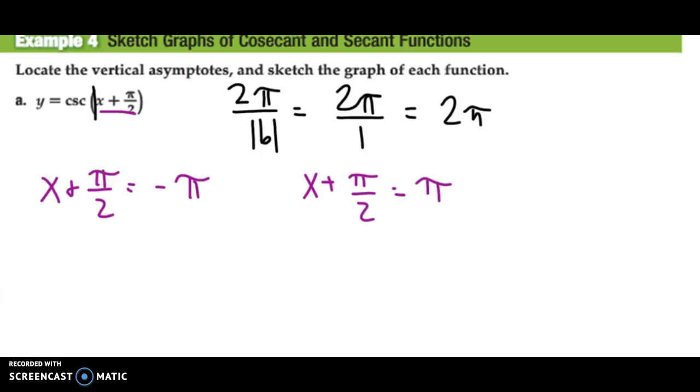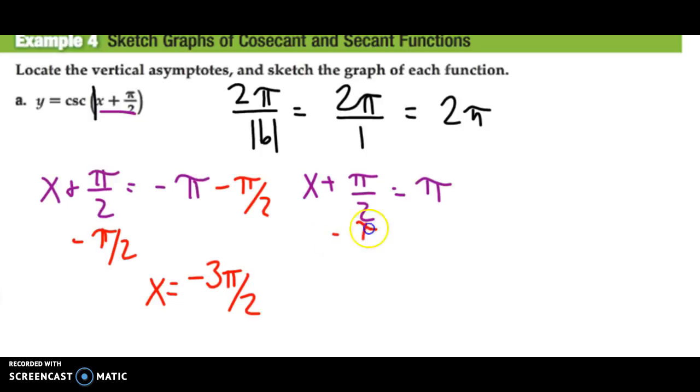How do you undo adding pi over 2? You subtract pi over 2 from both sides. And you'll see that x is equal to negative 3 pi over 2. If I subtracted pi over 2 from pi, I find that x is equal to pi over 2. So my vertical asymptotes are going to be at negative 3 pi over 2 and pi over 2.